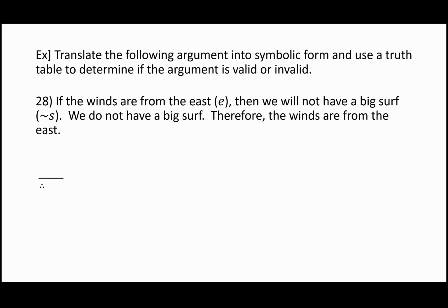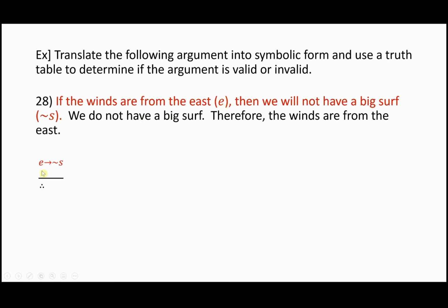Okay, so first give yourself this horizontal line and a triple dot, right? So we're going to put all of our premises up top in the order that they come. So first premise goes here, second premise goes here. We actually have to have two premises here. So then the third sentence, or the concluding sentence, will go here after the triple dot. And it translates as such. The first sentence is conditional by use of this if-then connective.